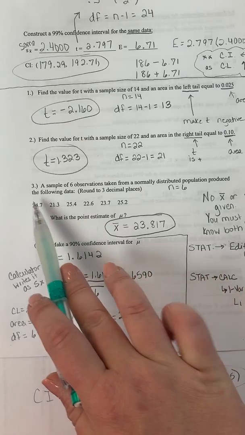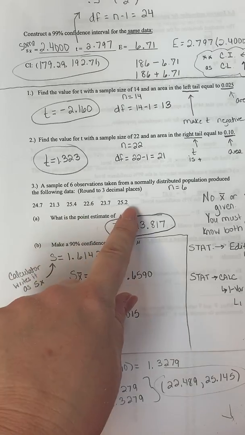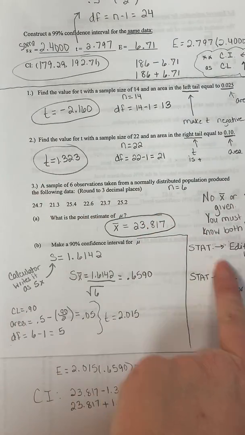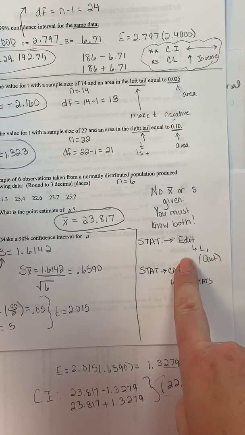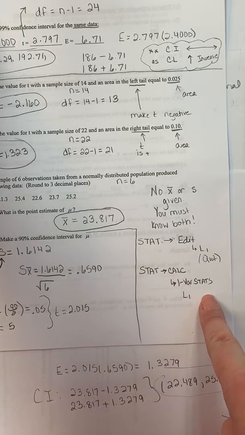So when you see a problem like this that only gives you pieces of data, that's it, this is what we're dealing with. Count your pieces of data, that's your N. Put them right into a list. Follow these instructions over here. You're going to put them right into a list, then quit. Use 1-var stats.